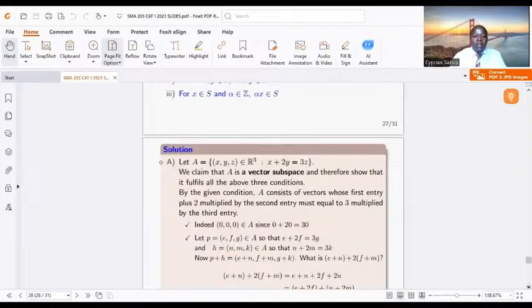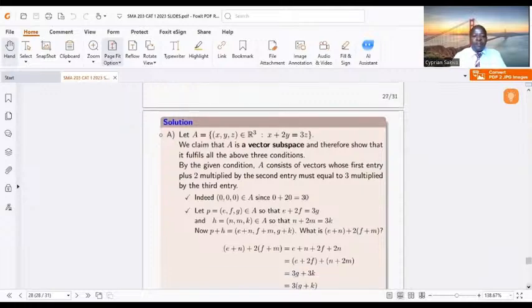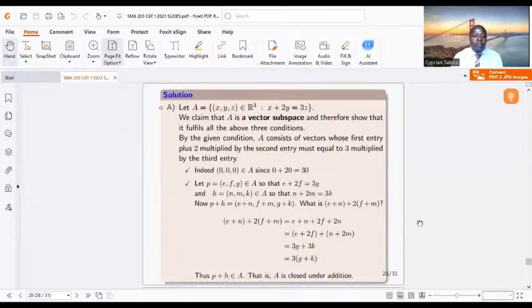Now, I'm given a subset A, and I see that it's a subspace. So I must show that it fulfills all the conditions. We claim that A is a subspace, and therefore we show that it fulfills the above conditions.